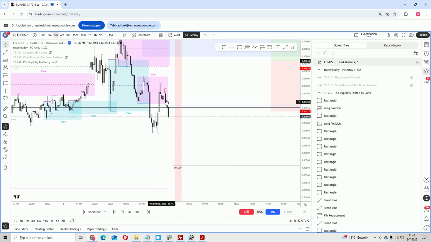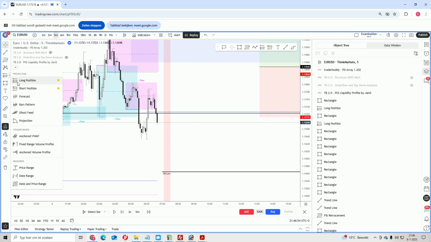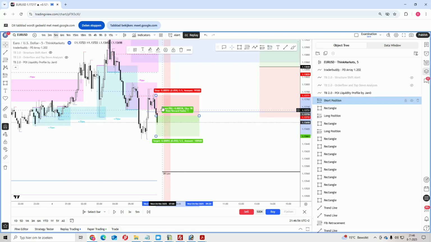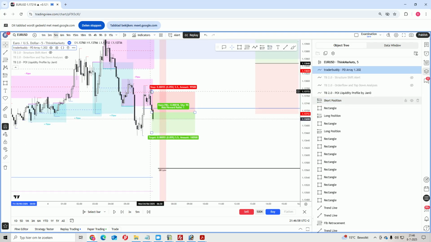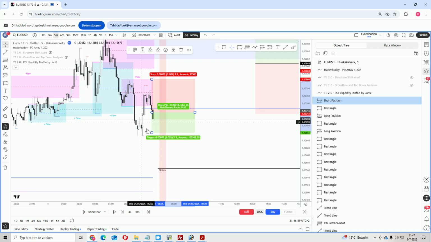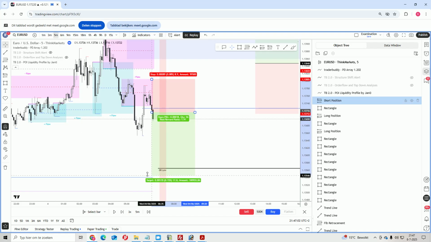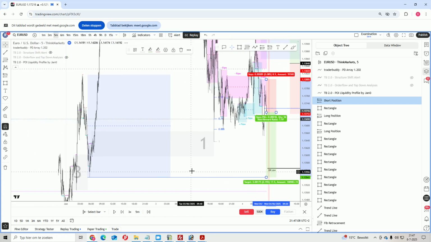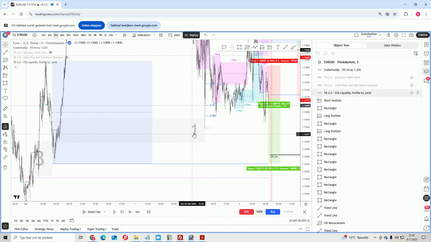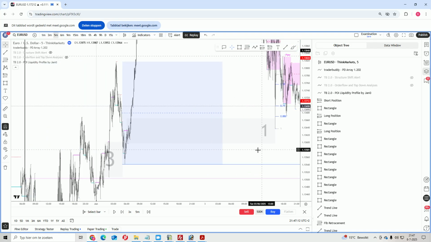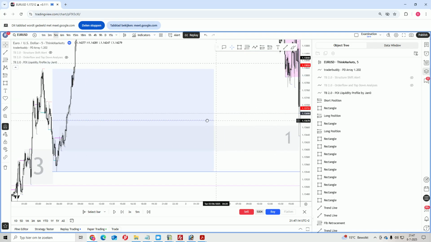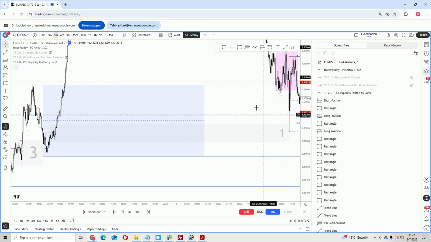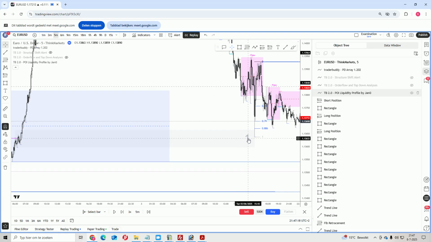Now you could see how much this is, because this is the next higher time frame PD array, or the old low belonging to this zone here. And oh, this is the 1 hour, sorry, and this was the 4 hour.